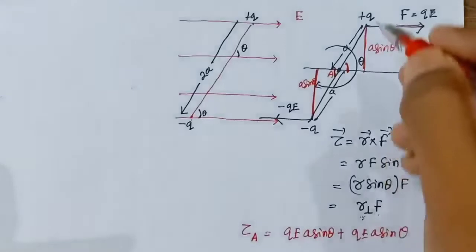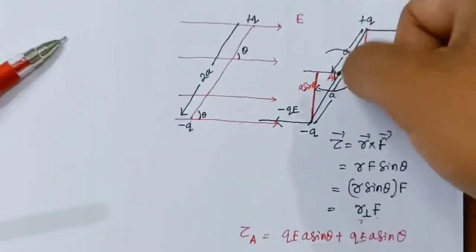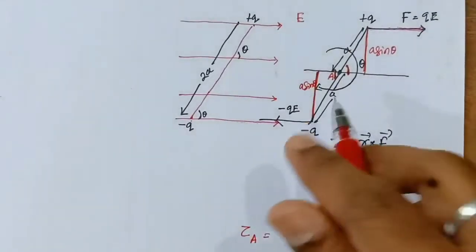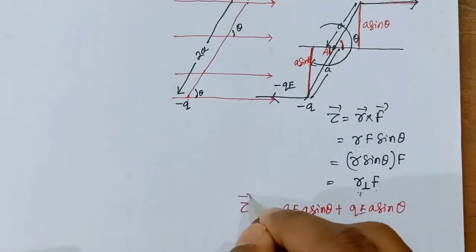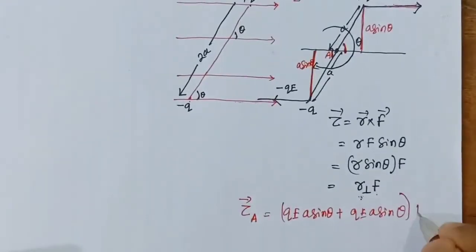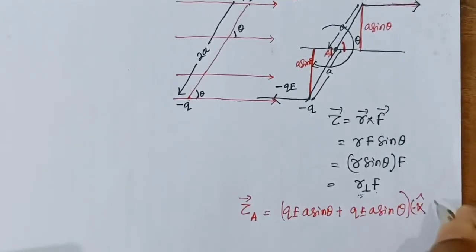This is a clockwise torque, and the direction of the torque is into the plane, and in this case also the direction is into the plane. That's why both torques will add up. The direction is into the plane, which I can write as minus k cap.